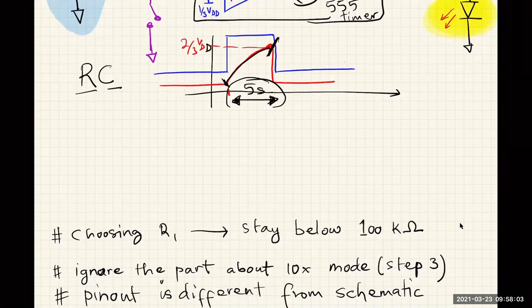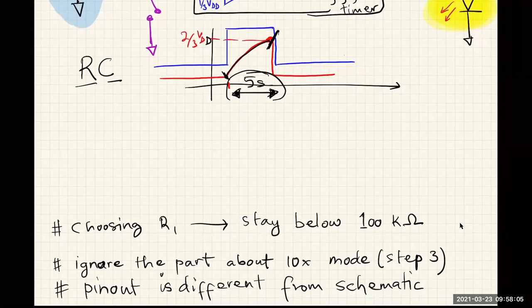Okay. So for this task, I have a few comments here in choosing R1. For choosing R1, I would recommend that you stay below 100 kilo ohms. If you pick anything above 100 kilo ohms or closer to 1 mega ohm, then making measurements on the circuit will change your circuit, right?